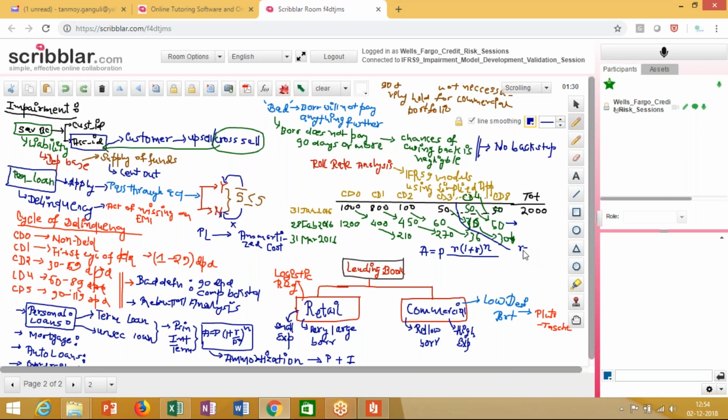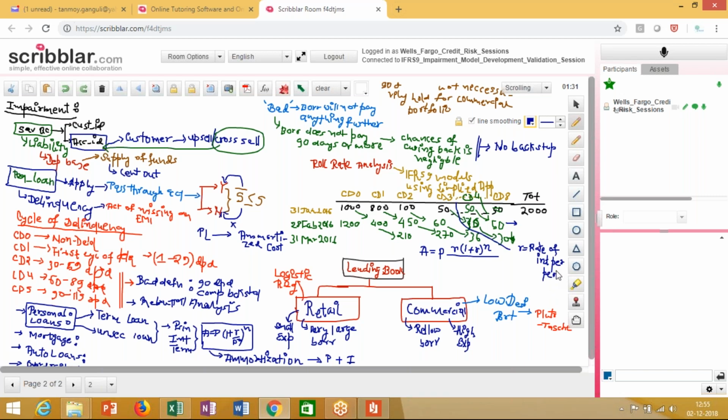This R is not the rate of interest on the whole loan, but the rate of interest per period.